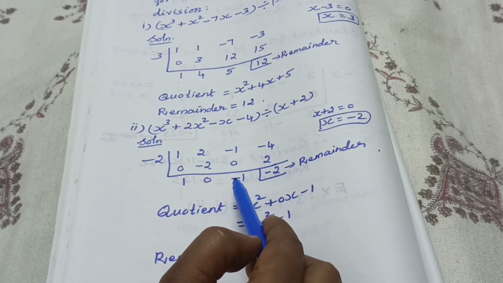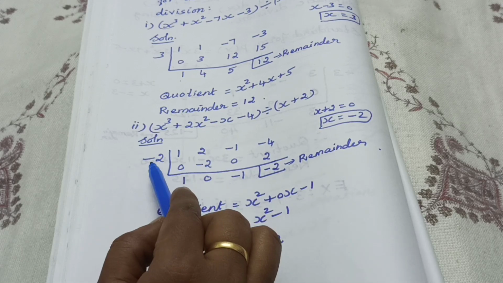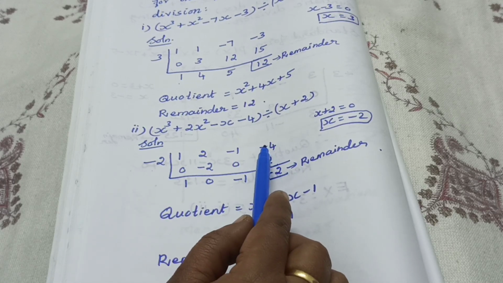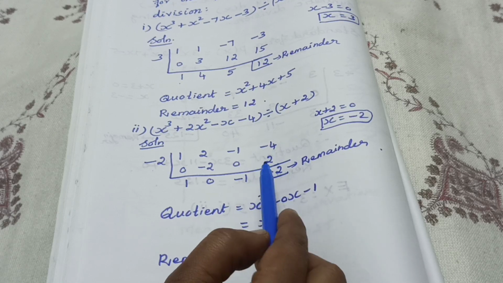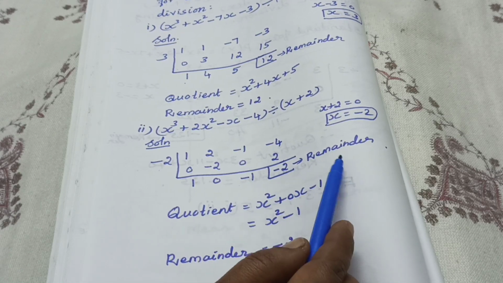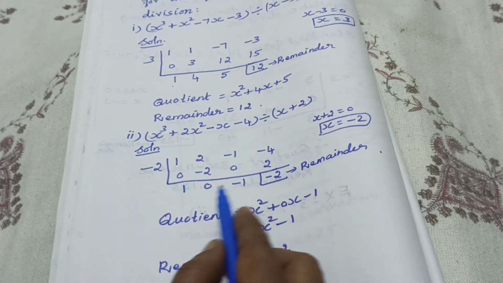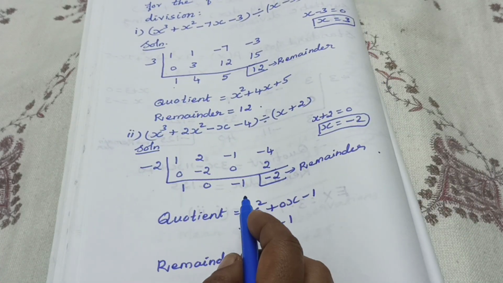And then add, means minus 1. Then minus 1 and minus 2: minus into minus is plus, plus 2. Then add these two, means minus 2. This is the remainder, and the rest is the quotient. What's the quotient?